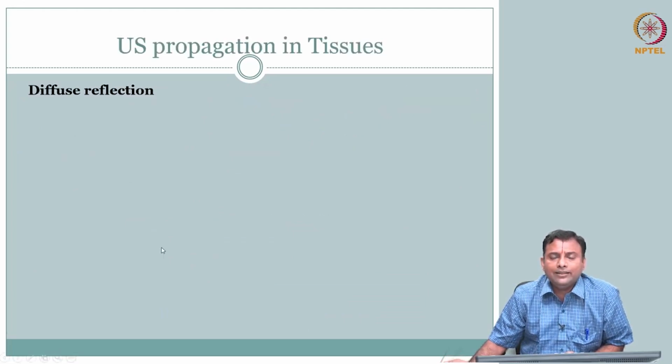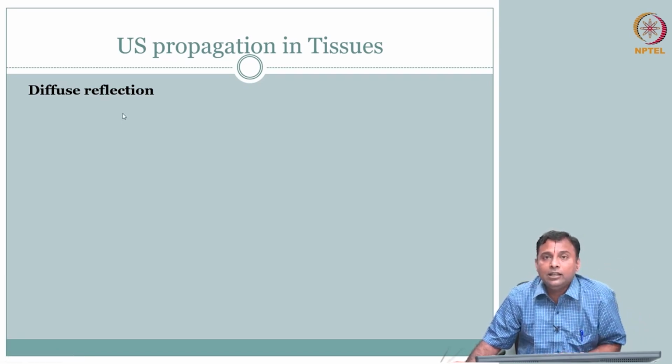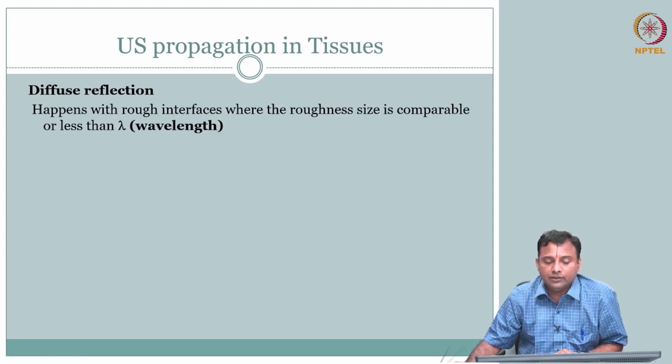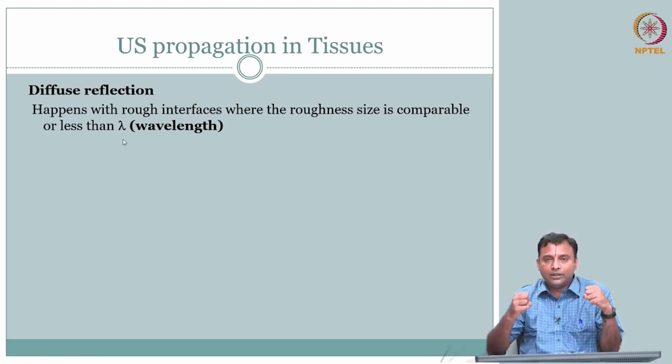Last but not least, very important, we talked about scattering. We talked about reflection, theta I equal to theta r, at a smooth interface. Now what happens if you have a rough interface? What do we mean by that? Roughness is a size comparable to or less than the wavelength lambda.